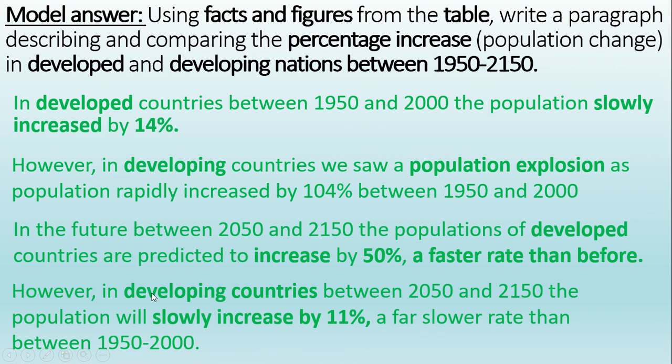However, in developing countries, between 2050 and 2150, the population will slowly increase by 11%. It's not a population explosion, which is why I say a far slower rate than between 1950 and 2000.